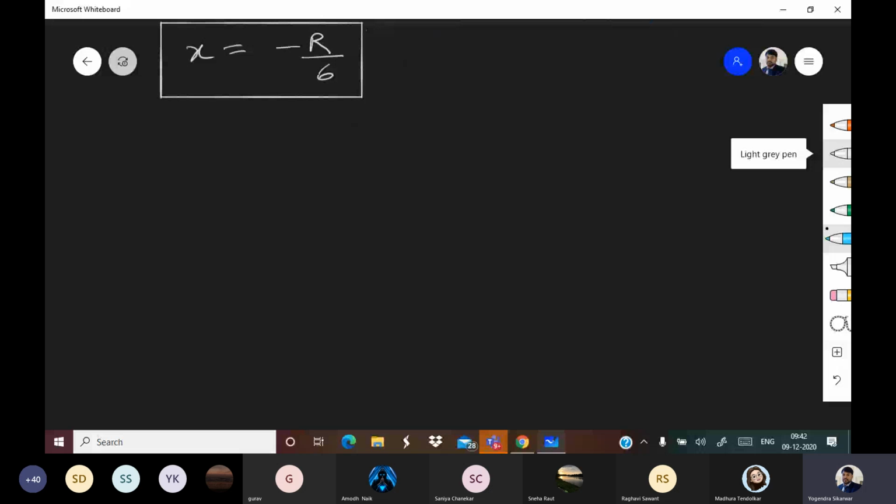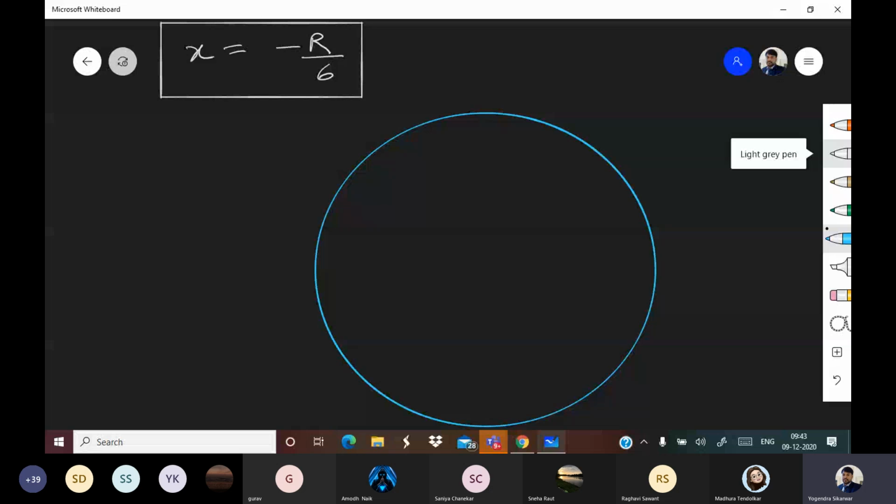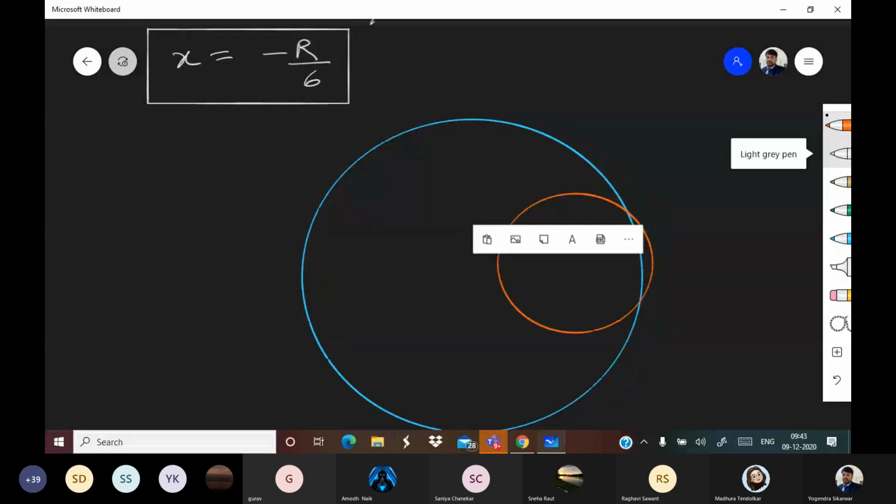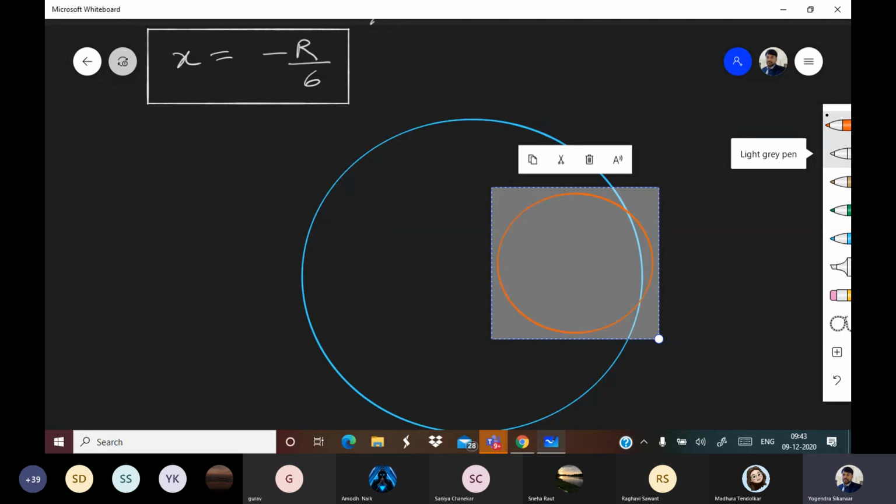So we have one bigger sphere, and from that bigger sphere we have removed a smaller sphere.